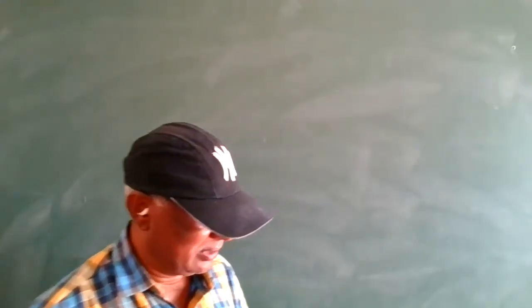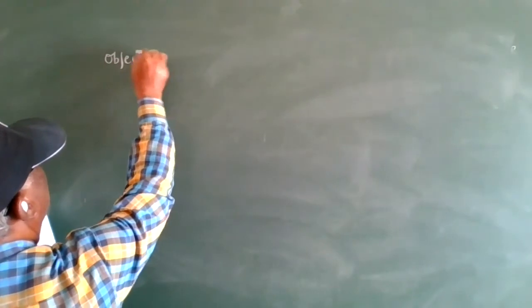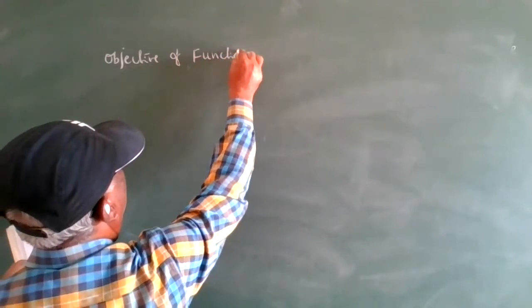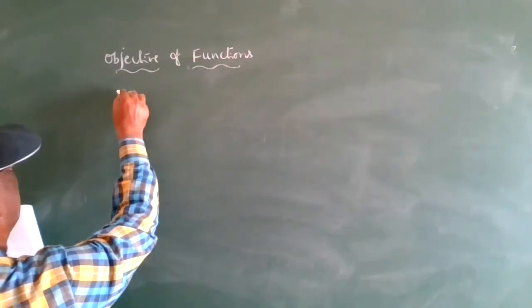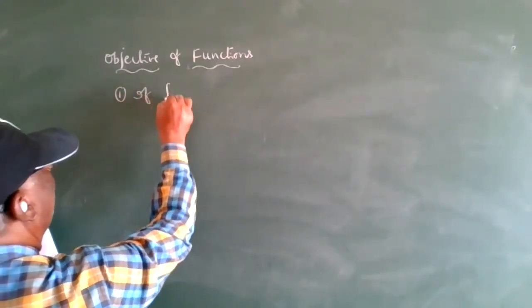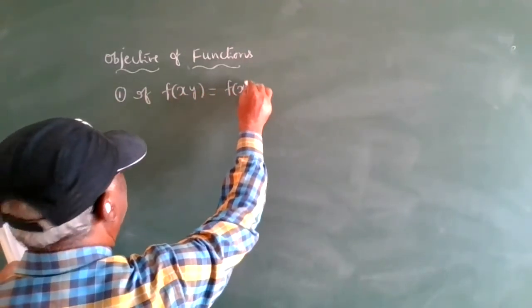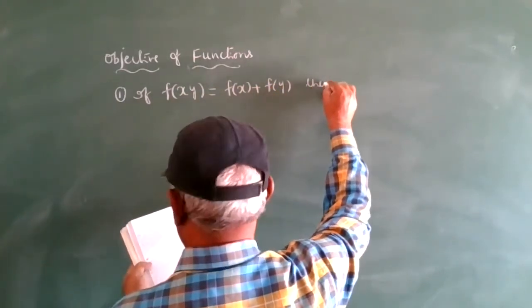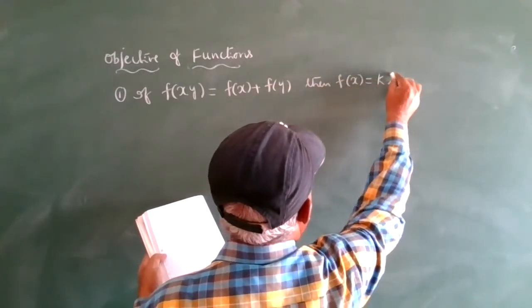Everyone see: functional equations, objective of functions. The first bit is: if f of x plus f of y is given, then f of x is equal to k into log x.